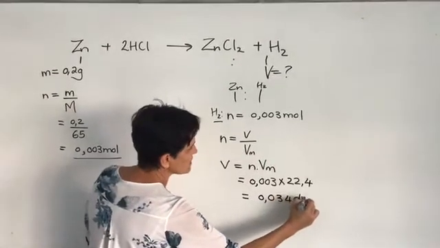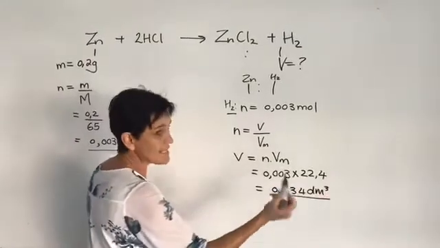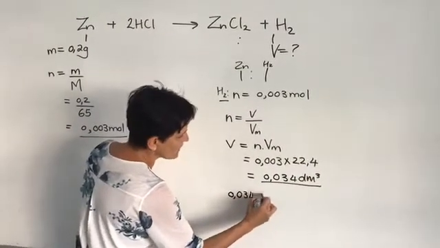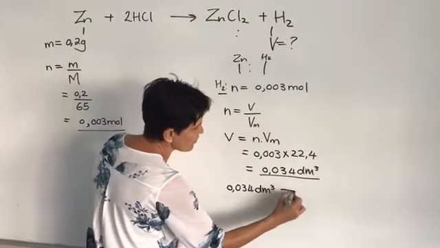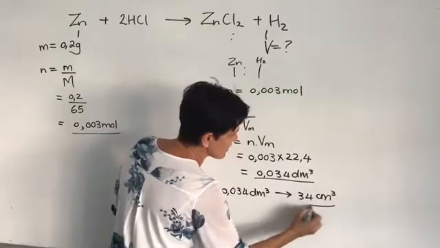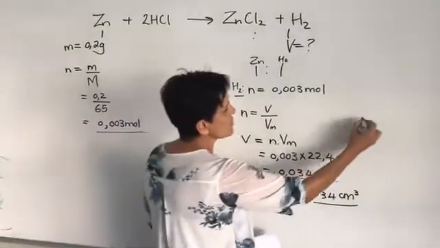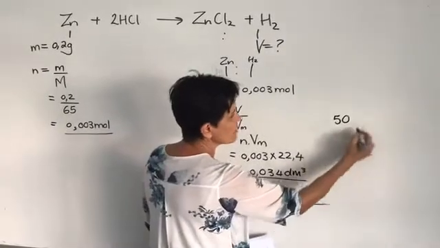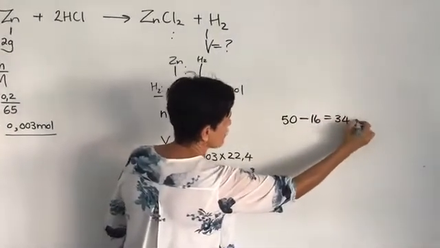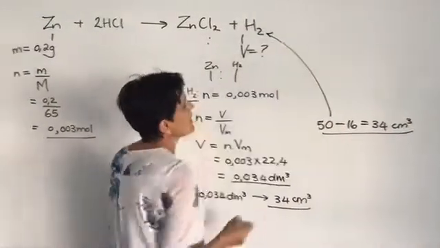But our burette measured in cubic centimeters, so 0.034 decimeters cubed would read as 34 centimeters cubed, and that's what you saw in the burette to perfection, because the burette's 50 cm3 minus the 16 gave us the exact 34 centimeters cubed of hydrogen gas produced.